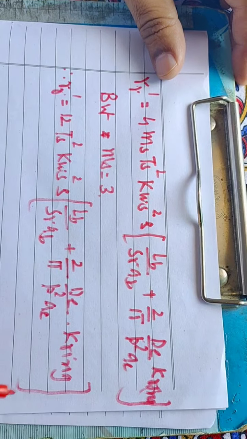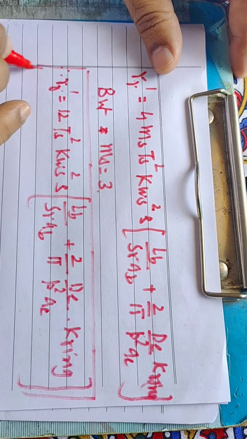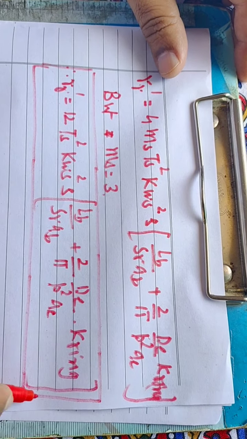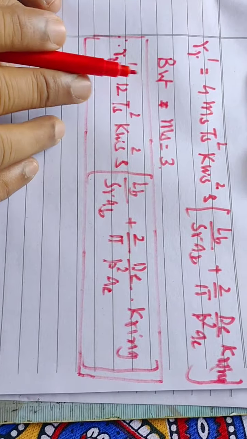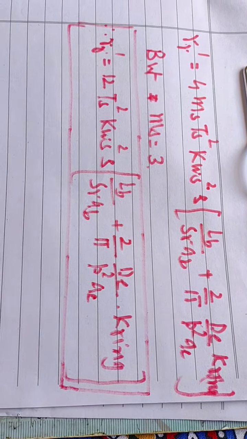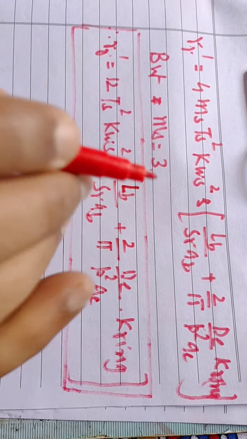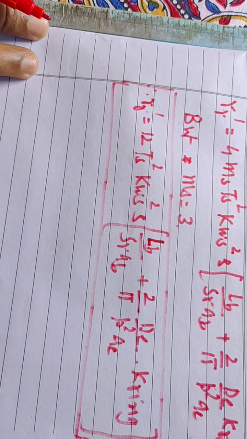So this is the formula to determine the rotor resistance of the squirrel cage induction motor referred to stator from the physical dimensions of the stator and the rotor.